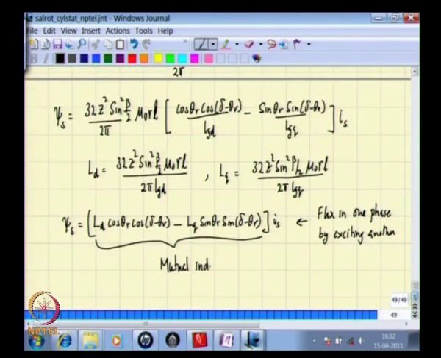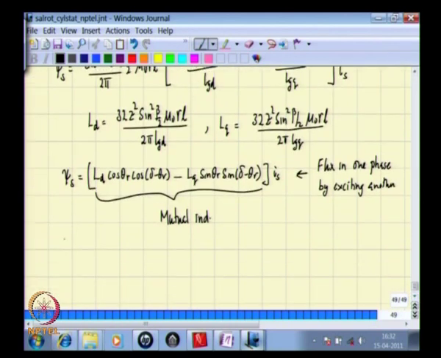We now have an expression for mutual inductance which is the ratio of psi s by Is, which is LD cos theta r cos of delta minus theta r minus LQ into sin theta r sin of delta minus theta r, where remember delta is the separation in the axis of the two phases.